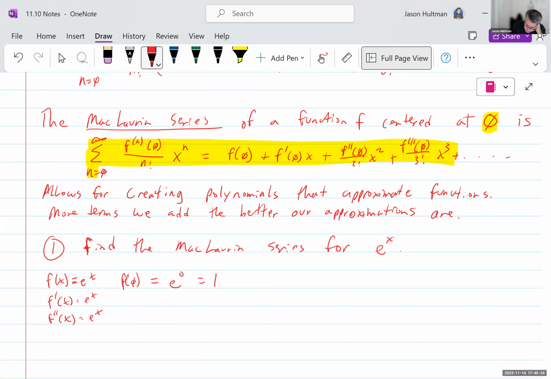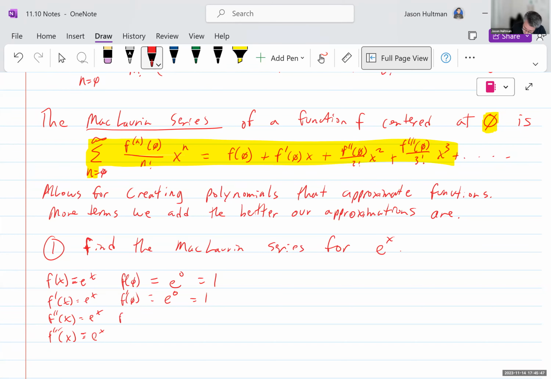This is always just going to be e to the x, no matter how many times I do this, triple prime, it's always going to be e to the x. And it will always be e to the 0, which is 1. This will always be 1. Okay, so the coefficients for all of these are 1.